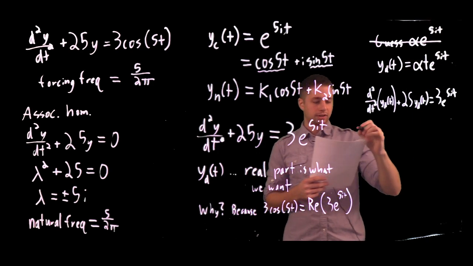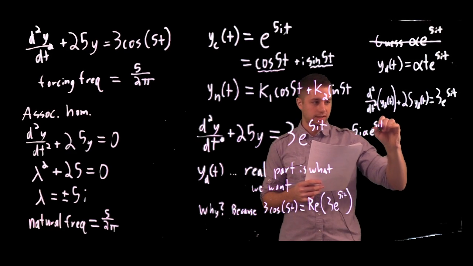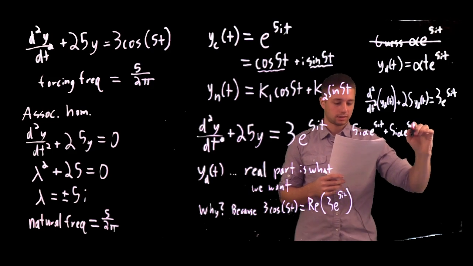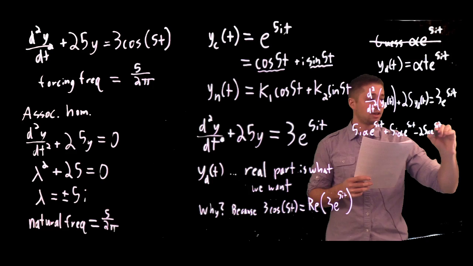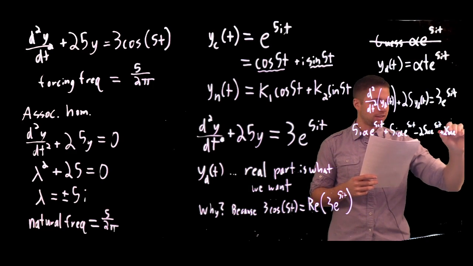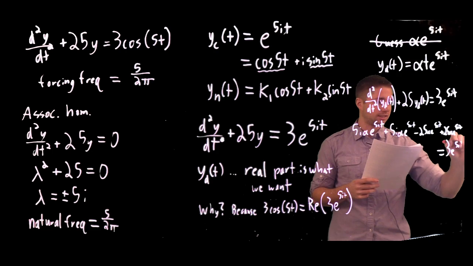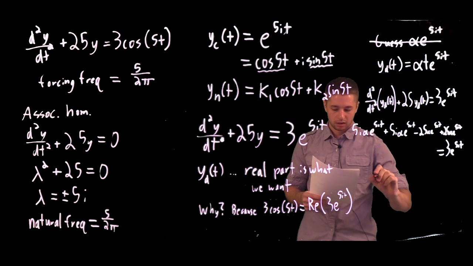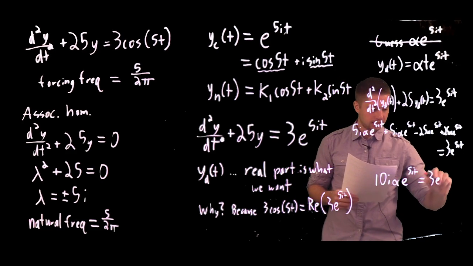But what we're going to get eventually is 5i alpha e^(5it) plus 5i alpha e^(5it) minus 25 alpha t e^(5it) plus 25 alpha t e^(5it), and that's going to equal 3e^(5it). Simplifying this, we get 10i alpha e^(5it) equals 3e^(5it).